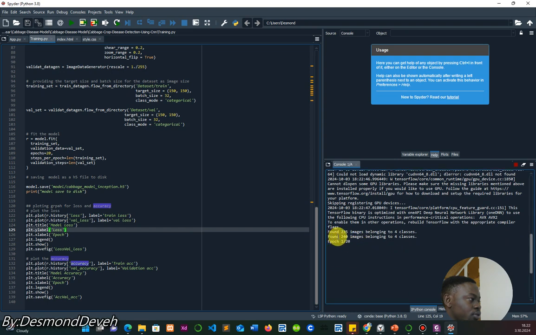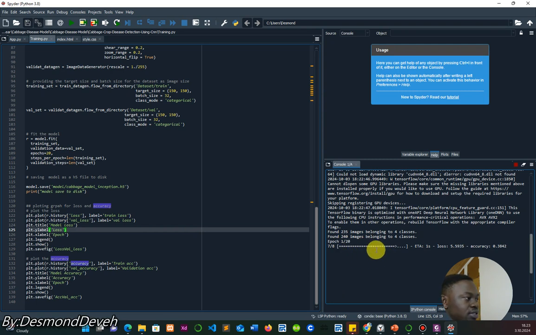Okay, so now it has found 235 images belonging to 4 classes, and it has also found 240 images belonging to 4 classes. The difference is about the training and the validation images. Now it shows epoch 1 of 20. In this case, it has to run over the images 20 times.